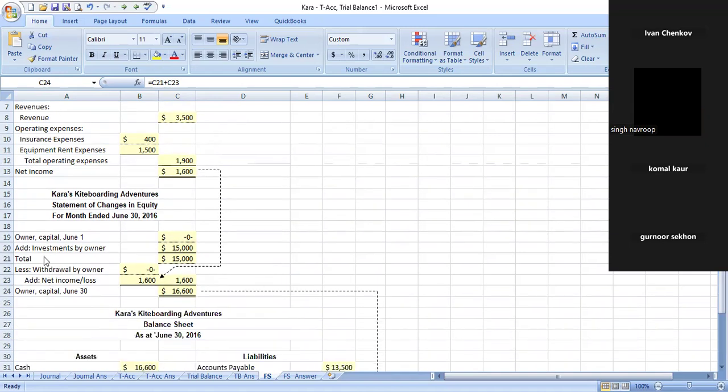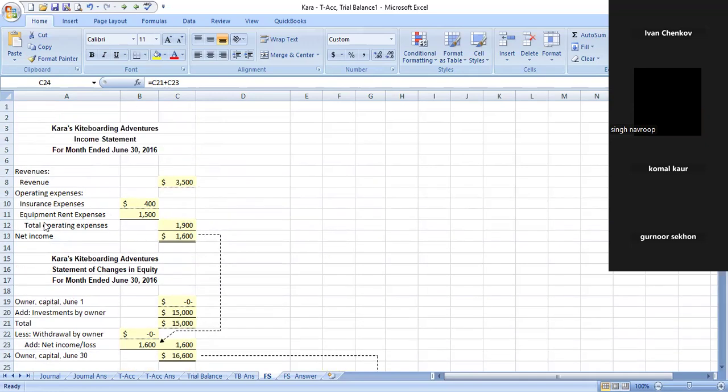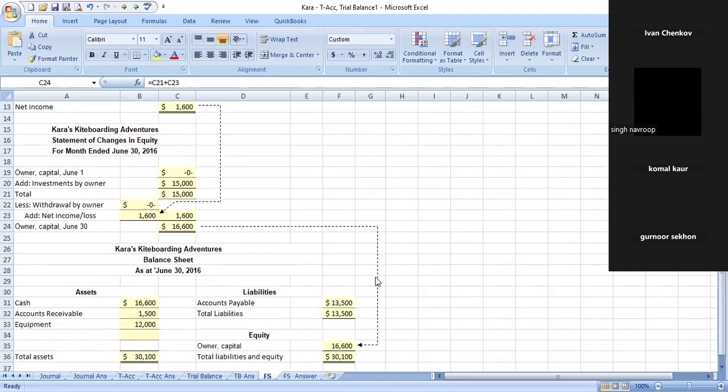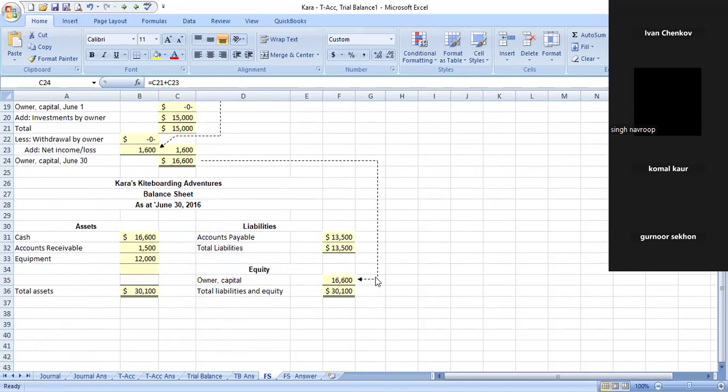If you have owner's withdrawal, on which statement is it going to appear? Statement of owner's equity. If you have a revenue, on which statement is it going to appear? Income statement. If you have expenses, let's say salary expenses, income statement. So that will be the third question.